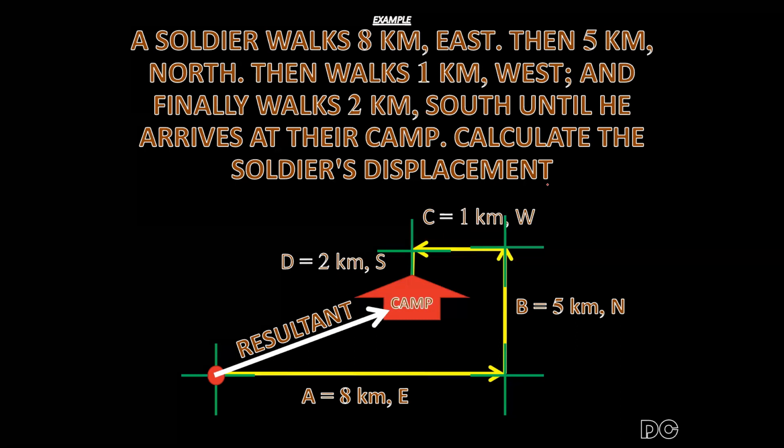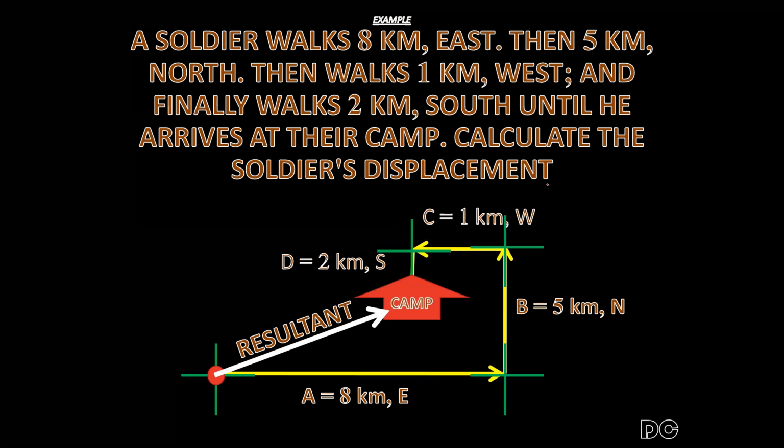So therefore, we will combine the steps on getting the resultant if they act on the same axis and if they act on different axes. So, paano natin yun makukuha? Okay, so, how can we solve for the resultant?